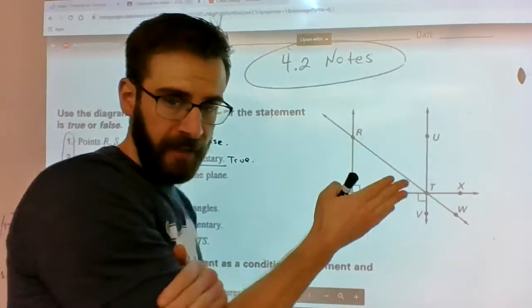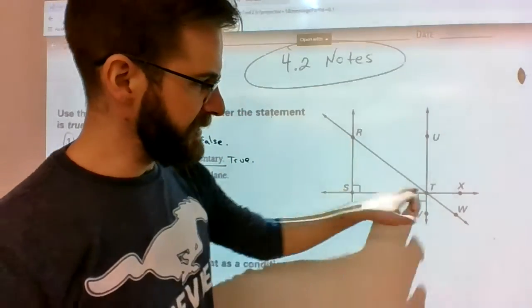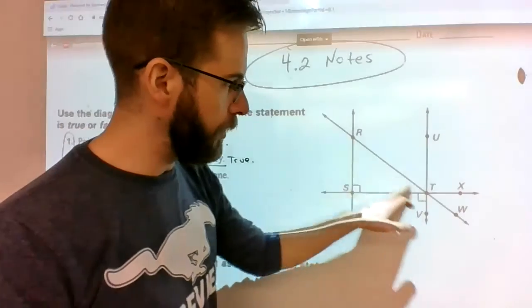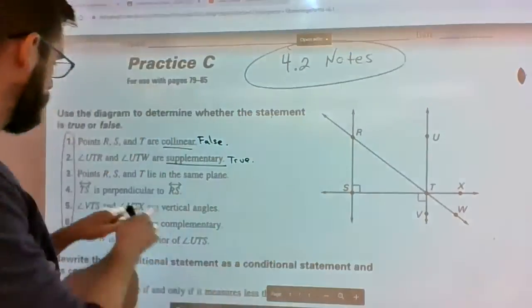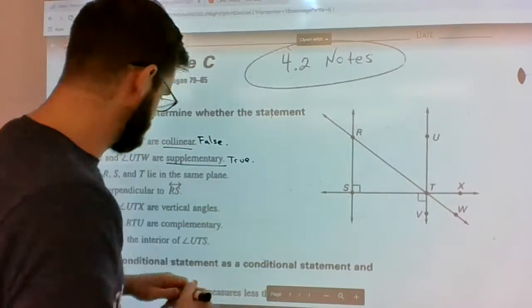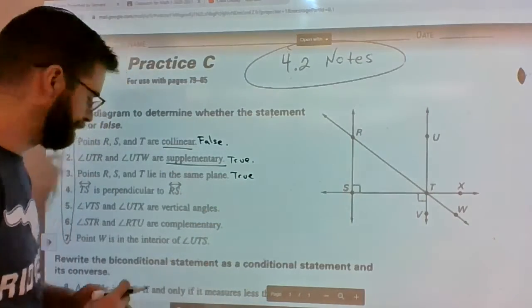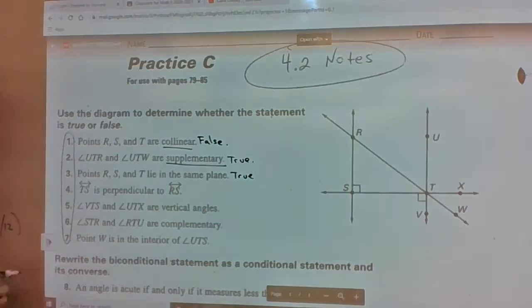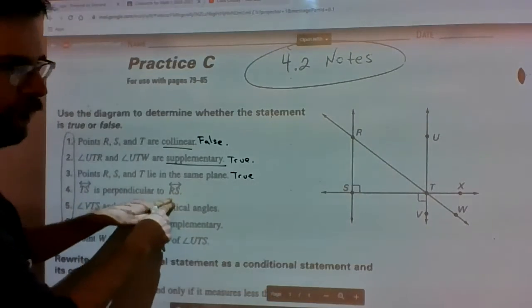It's all in this same plane. So, R, S, and T, they make up a triangle, which is a 2-dimensional figure. It's a plane. So are R, S, and T in the same plane? Are they coplanar? They are.